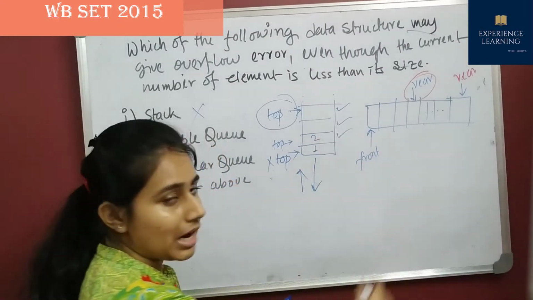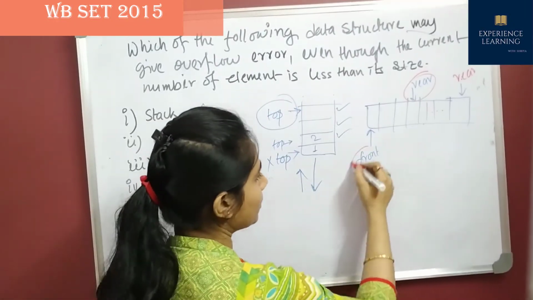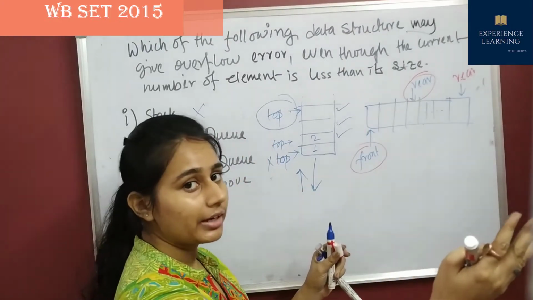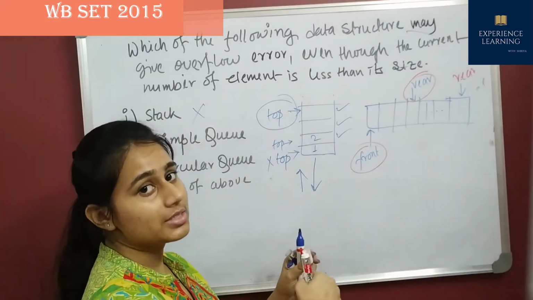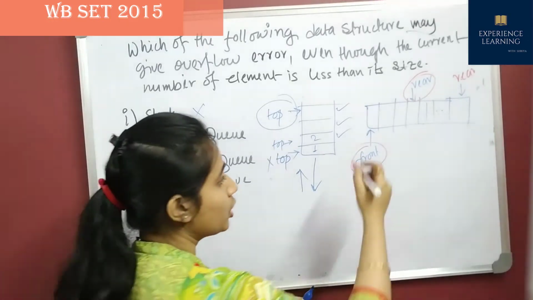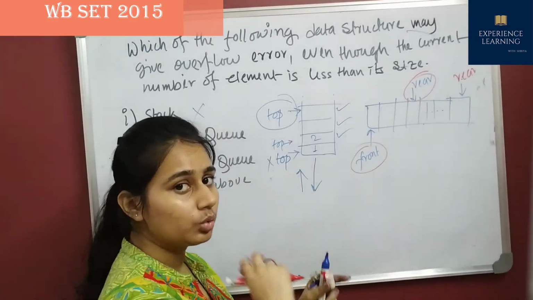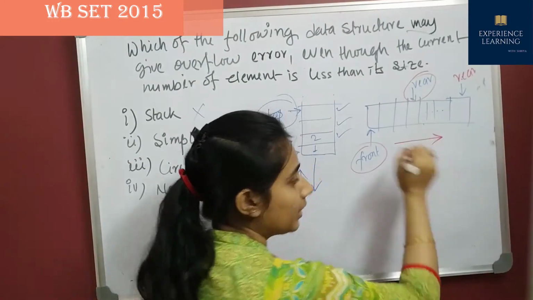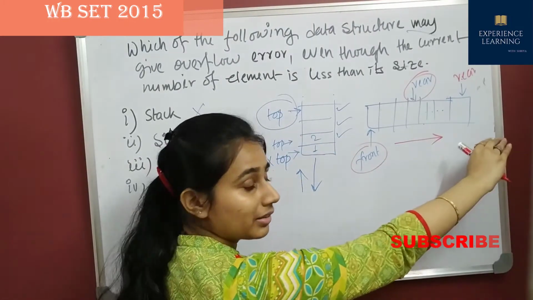Now you have started deleting data using the front. You know that the first inserted data will be deleted first. So we have to maintain two pointers for this, and in case of queue, the insertion will be in this direction.